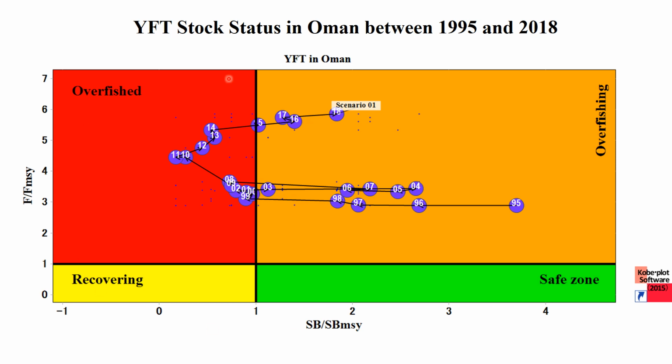Here we can plot the yellowfin stock status from 1995 to 2018. If we check the yellowfin stock status in 1995, it was in the overfishing zone, and as time goes, 1996, 97, 98, 99 and 2000, it reached overfished. So we are harvesting a lot.